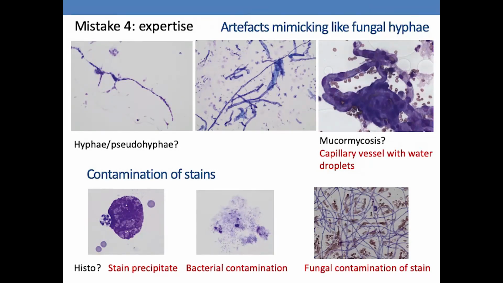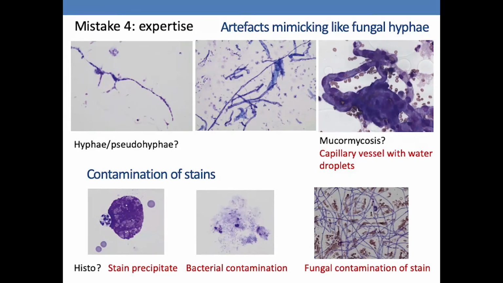Is it histo? Even Methi is shaking his head, no. But then you have to say what it is. You can see there are very interesting small cells inside. These are all stain precipitates.